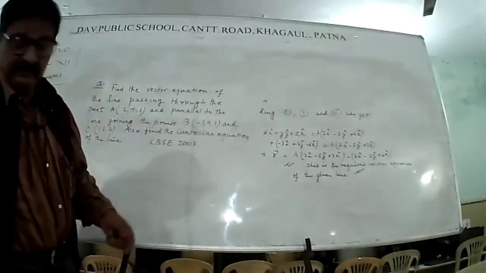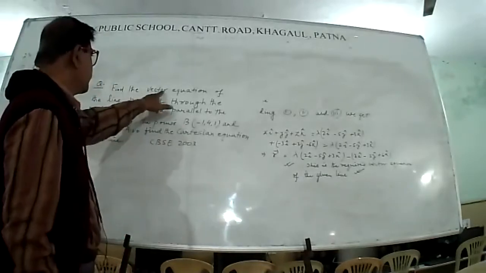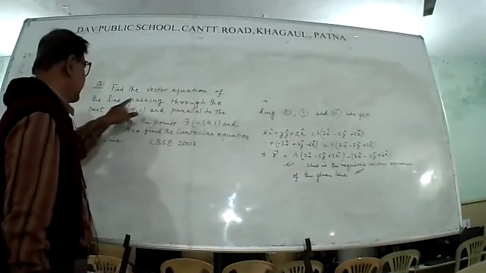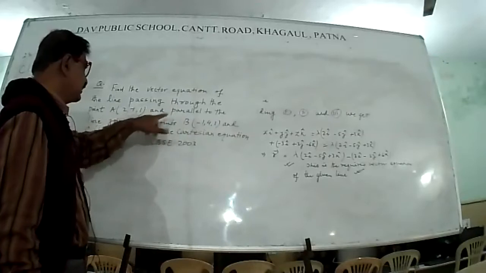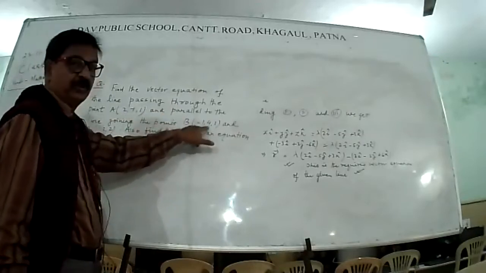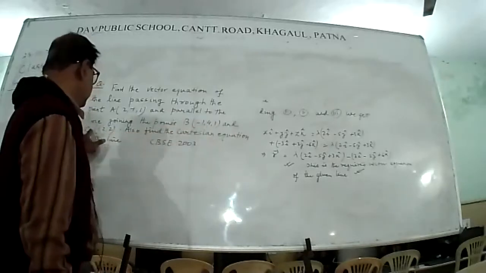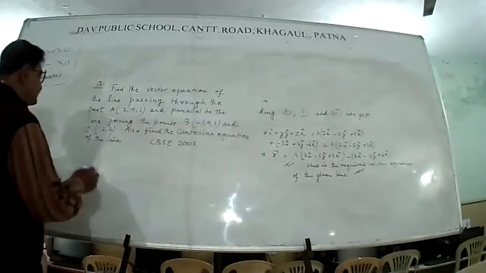Okay. So here we have given: find the vector equation of the line passing through the point A (2, minus 1, 1) and parallel to the line joining the points B (minus 1, 4, 1) and C (1, 2, 2). Also find the Cartesian equation of the line.